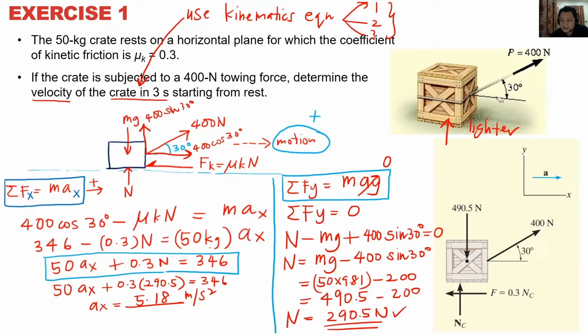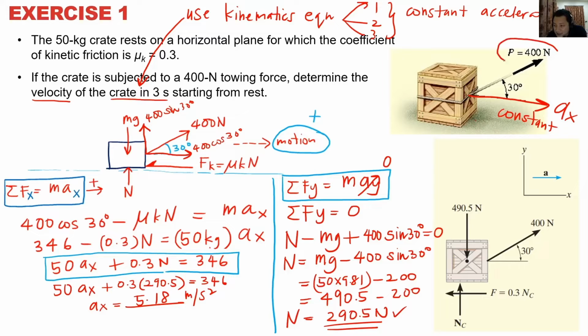Remember, they can only be used for constant acceleration. Our acceleration is going this way, ax, and the acceleration is constant. Why is it constant? Because the 400 newton force is constant. F equals ma is the equation.